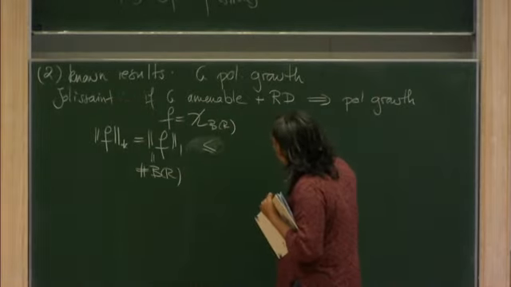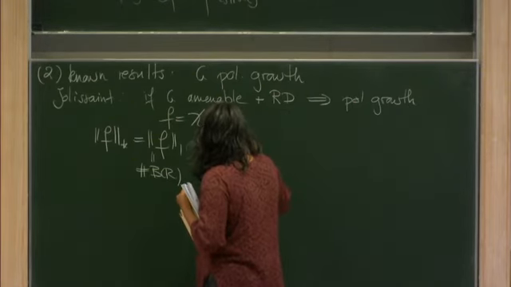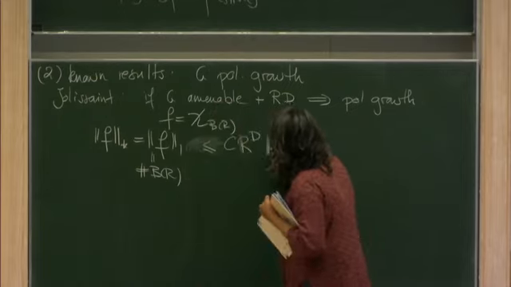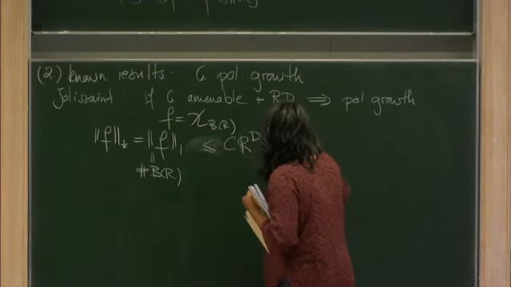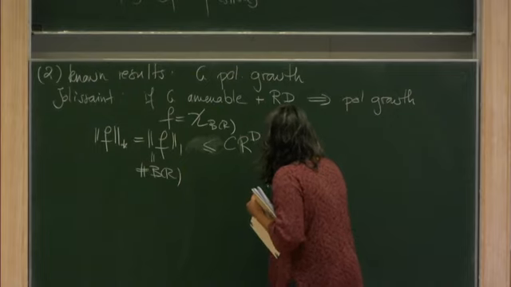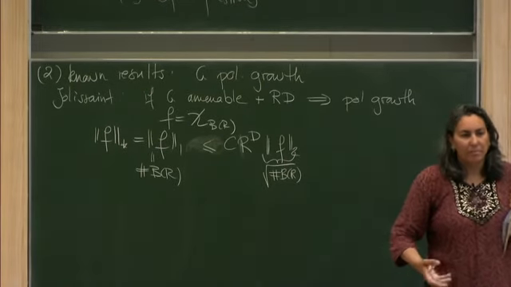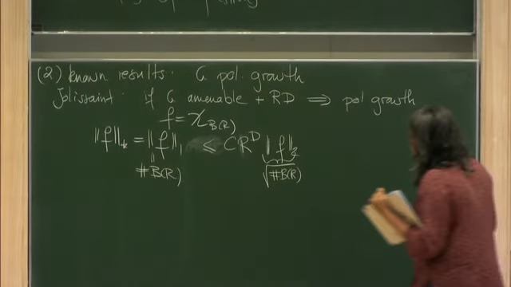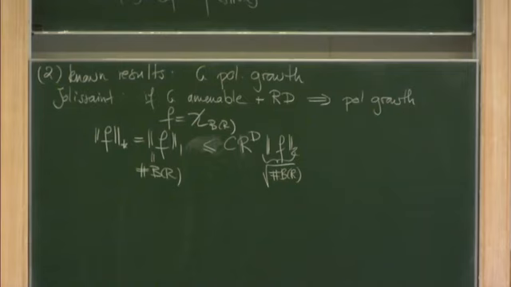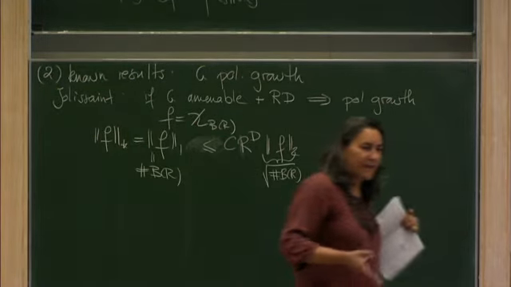And now if you assume that you had rapid decay, you're bounded by this times the L2 norm, but this is then the square root of the ball of radius r. So that forces the ball of radius r to be bounded by a polynomial. And so that's already a pretty strong negative result, because it's inherited by subgroups.